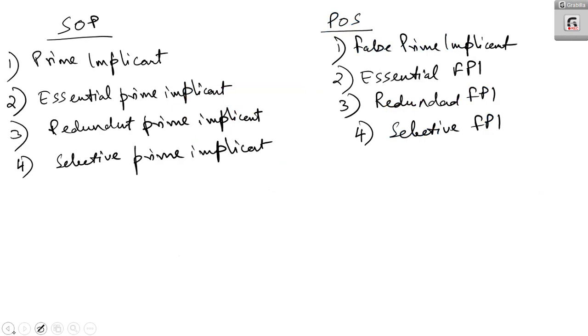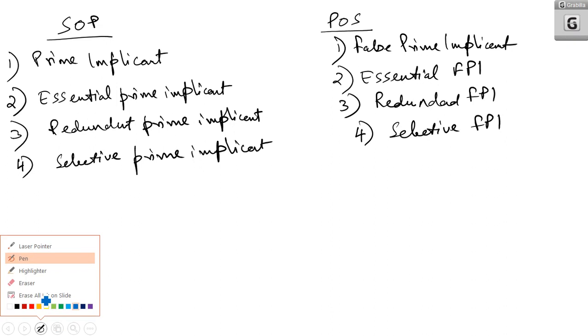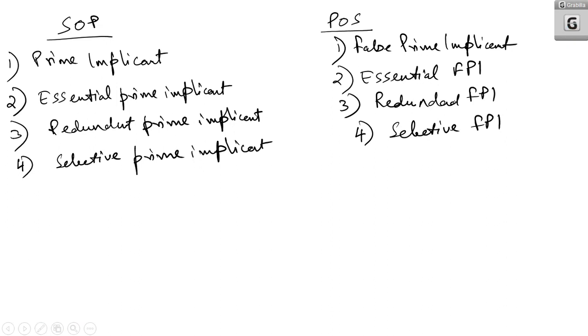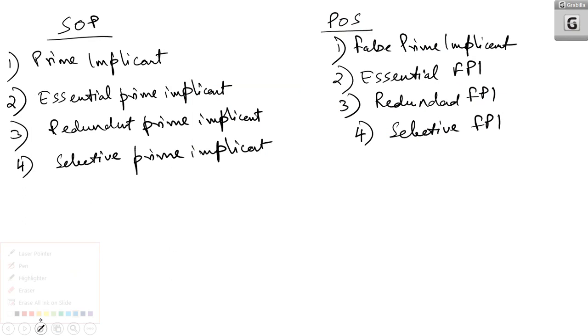So that is regarding prime implicant, essential prime implicant, redundant prime implicant, selective prime implicant, false prime implicant, essential FPI, redundant false prime implicant, and selective false prime implicant. So it can be taken from a four variable K-map only.